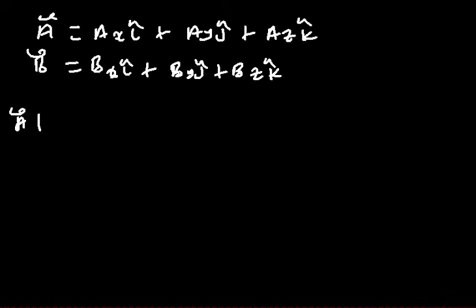Now vector A plus vector B is the same as Ax i hat plus Bx i hat. In other words, we need to add the vectors component-wise.